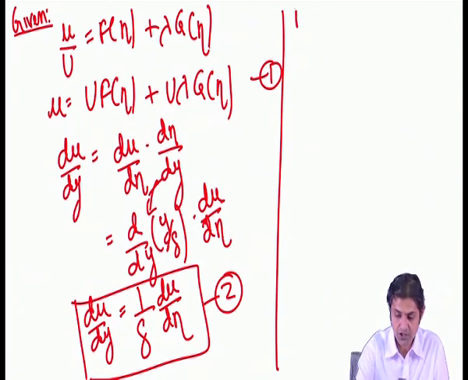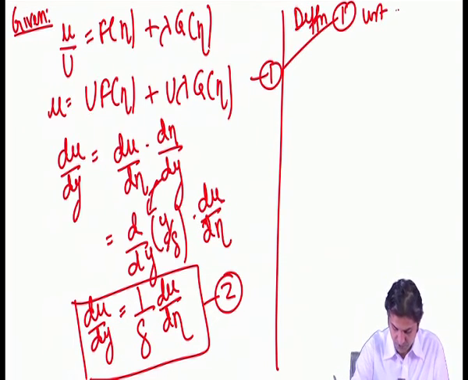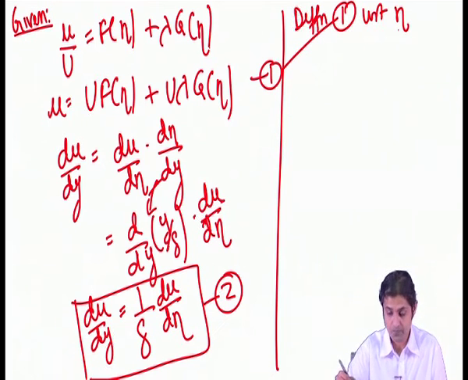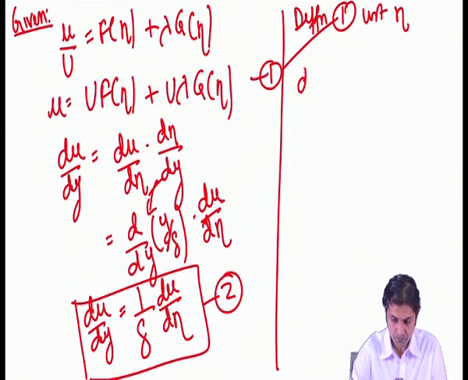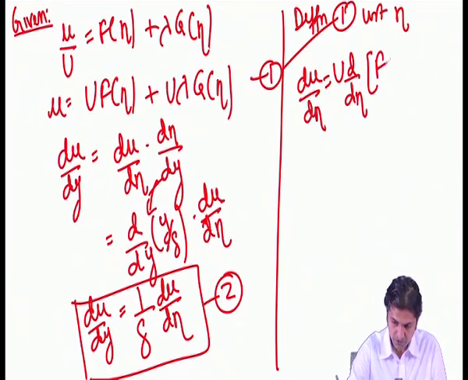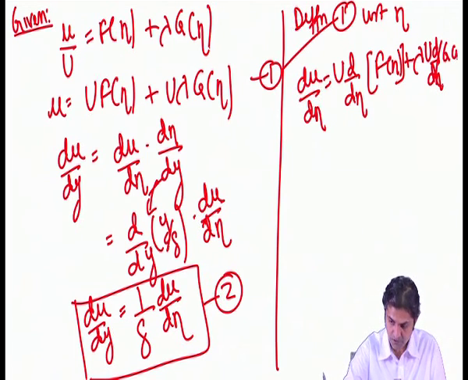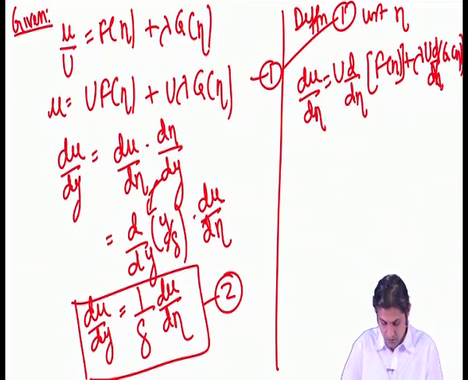So if we differentiate this 1 with respect to η, what we get is du/dη is equal to U d/dη of f(η) plus λU d/dη of g(η).